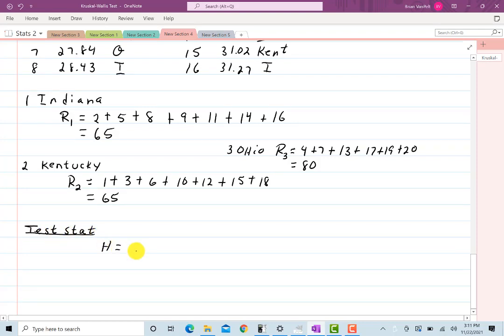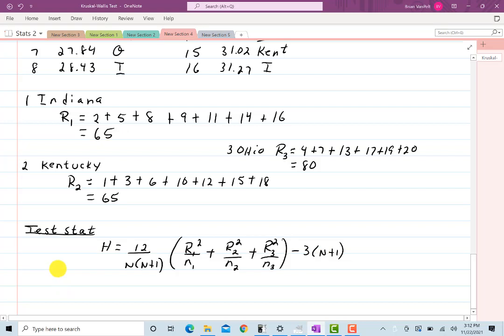H equals 12 divided by capital N times N plus 1. I only have 3 samples, so I'm going to have R1 squared over N1 plus R2 squared over N2 plus R3 squared over N3 minus 3 times capital N plus 1.